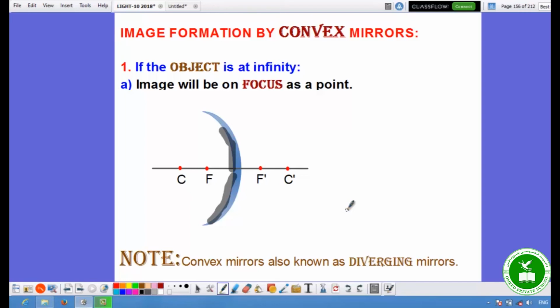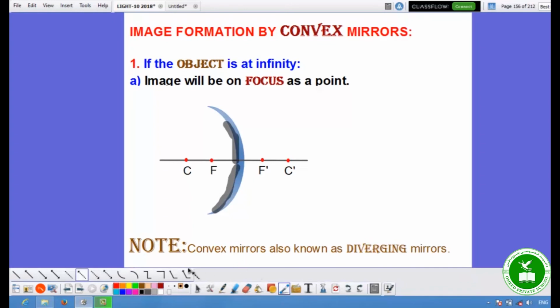First, if the object is at infinity, the image will be on the focus as a point. Now let's draw special rays here. One special ray is parallel to the principal axis, right? Let's take it parallel to the principal axis. How will it be reflected?